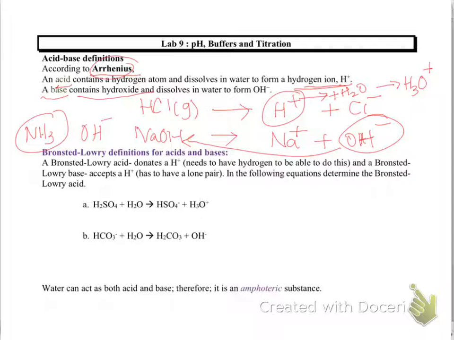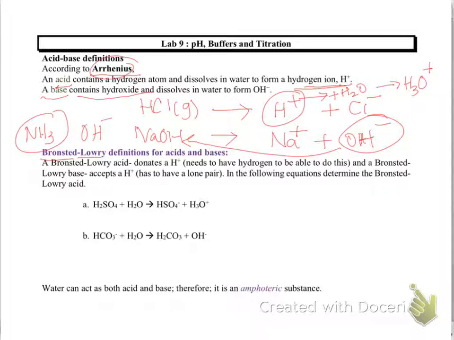As a result, a more general definition of acids and bases was proposed by Johannes Bronsted and Thomas Lowry in the early 20th century, and this is used widely.